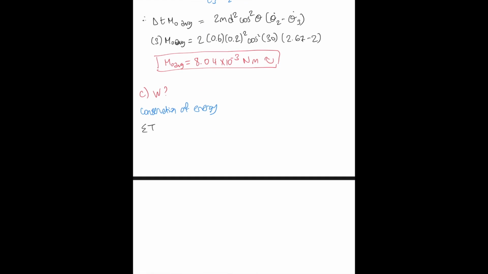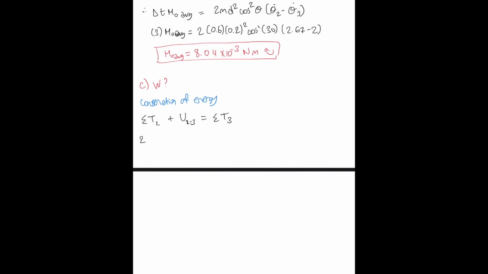And since there's external work done by a motor, we know that the sum of kinetic energy plus work done by the motor is going to be equal to the sum of kinetic energy at 3. And then we're going to plug in our kinetic energy at 2, which is half mv2 squared, plus the work done is going to be equal to 2 multiplied by half mv3 squared.